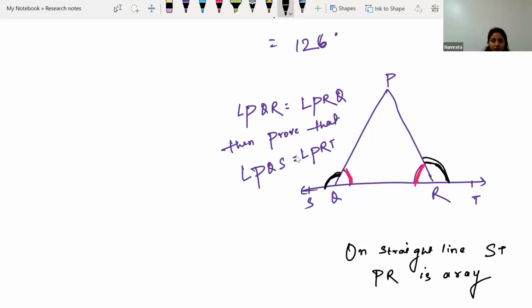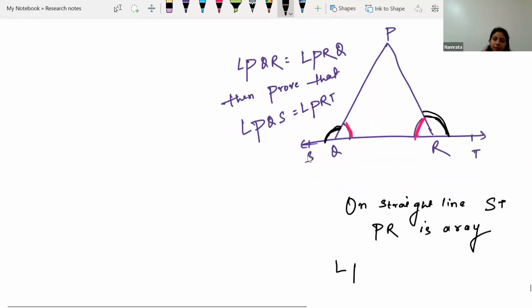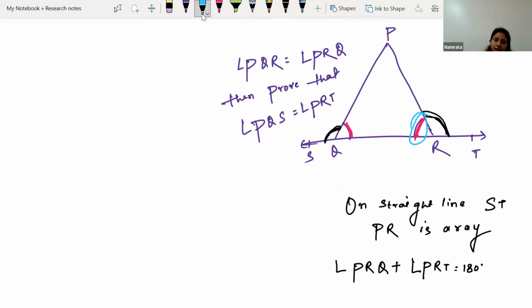Can you see? Then we can say that angle PRQ plus angle PRT together will make 180 degree, yes or no? This red one, this angle and this angle together will be 180 degree, right? Yes.